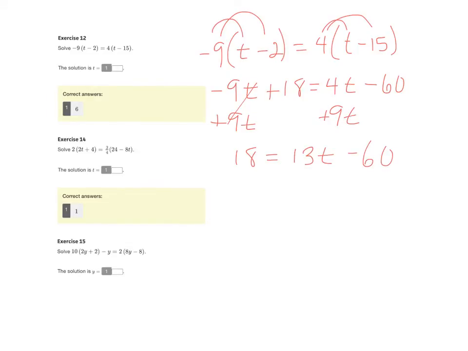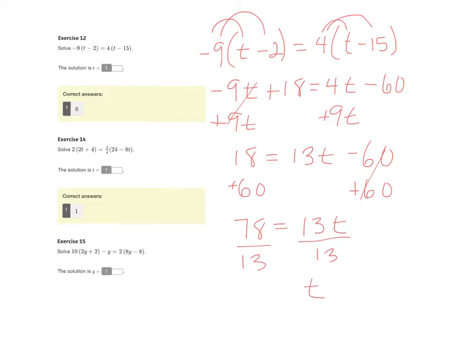And we're going to get rid of this minus 60. So the inverse of minus 60 is plus 60. So that's going to be 78 is equal to 13t. And instead of multiplying by 13, we're going to divide by 13 on both sides.